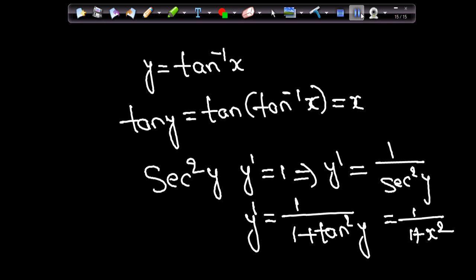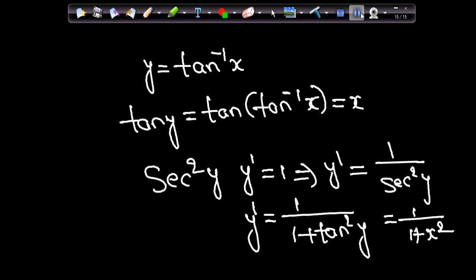The first one is the power rule: if y is equal to x power n, the derivative is n into x power n minus 1. Then you have seen the derivatives of trigonometric functions like sine, cos, tan, cotangent, secant and cosecant, and we have seen logarithmic functions, exponential functions, and the derivatives of inverse trigonometric functions. These are most important, and I suggest each and every one of you should memorize them. It helps you a lot.